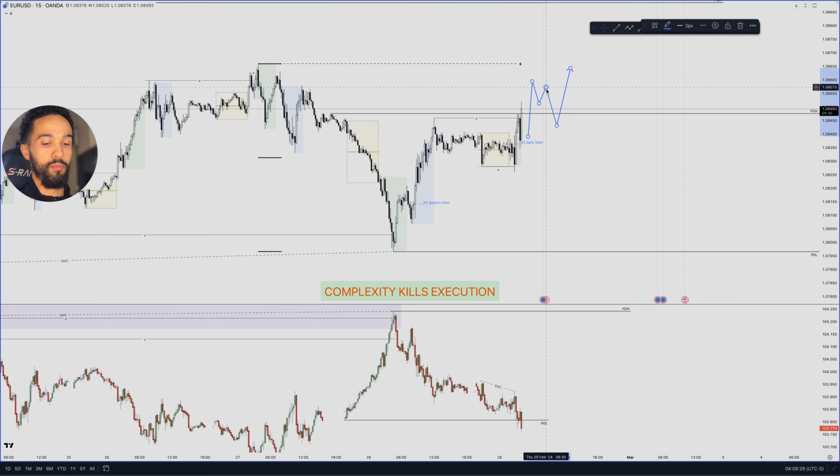Better than that would be this scenario. If price were to pull back down from here, we'd want price to maybe sweep these lows, right? You want it to sweep some sort of structure and then do the same. So you'd want it to sweep that structure, break up, and then possibly pull back down to continue higher.